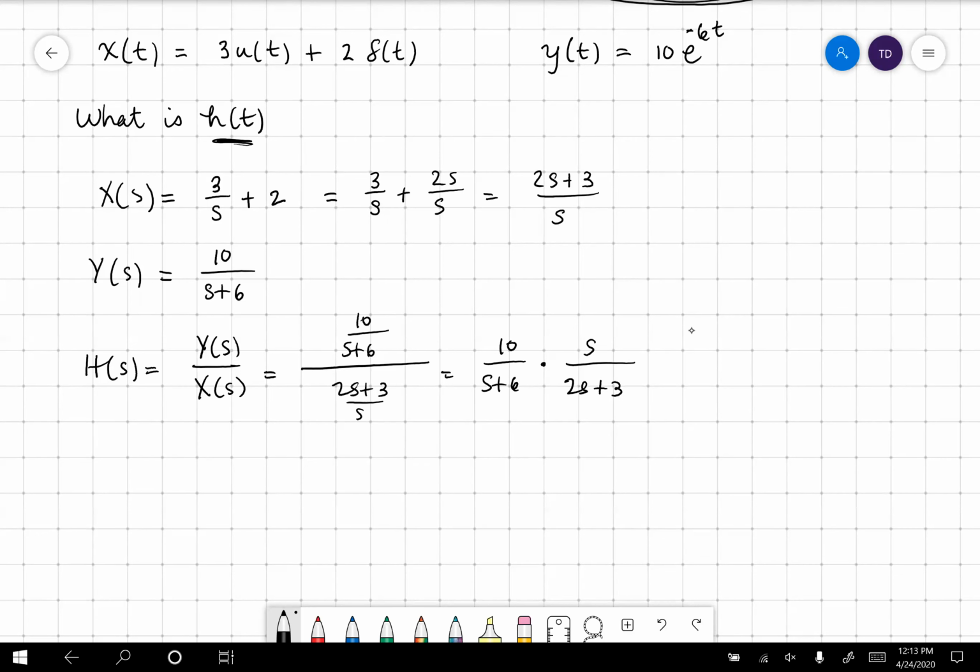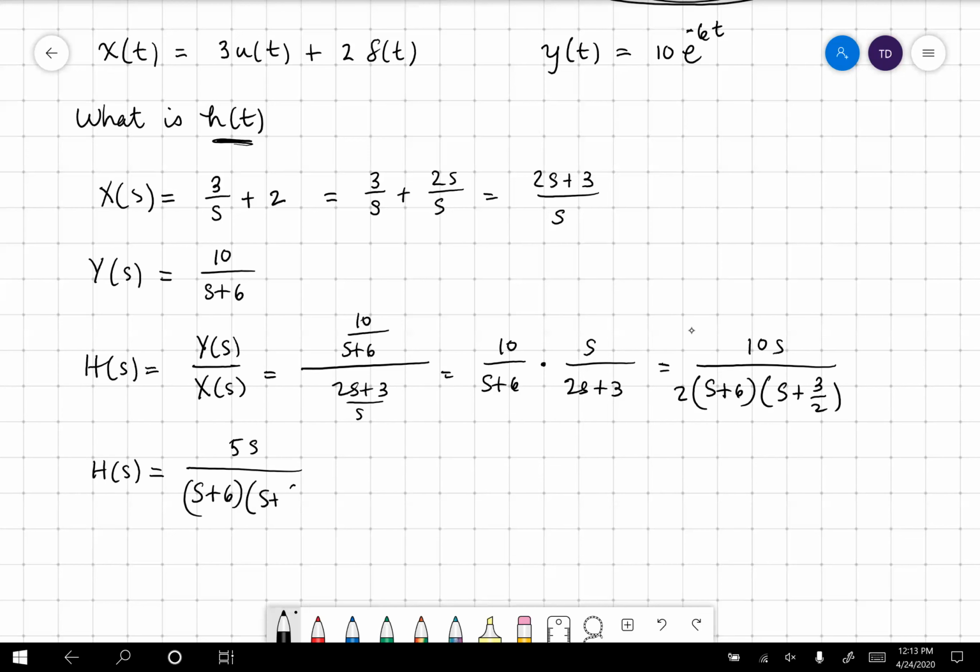Not the coolest numbers, but that's all right. 10s over s plus 6, and then I'm going to factor the 2 out, and then s plus 3 halves. So H of s is equal to 5s over (s plus 6)(s plus 3 halves).